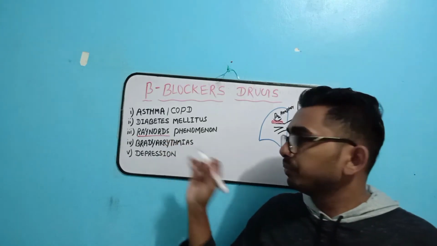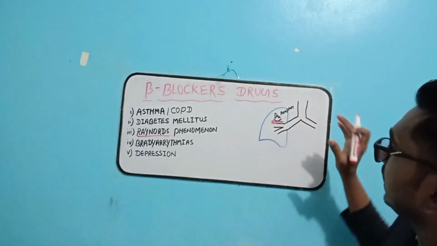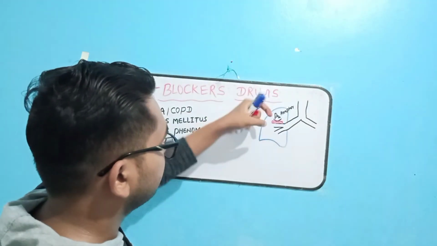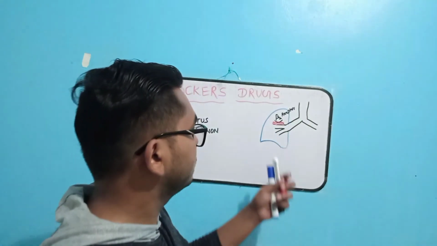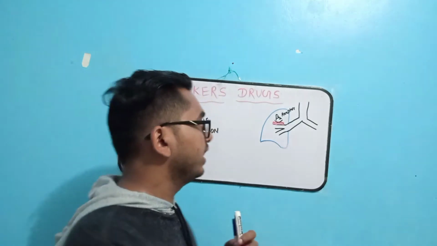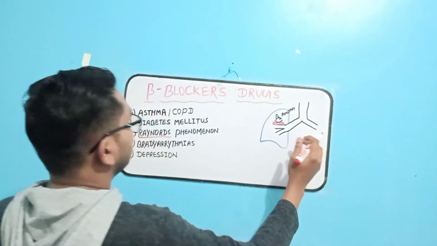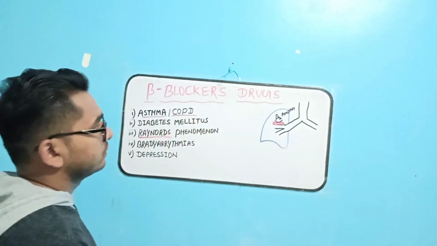When we give these beta blocker drugs, they prevent bronchodilation, and that leads to narrowing of the bronchioles. There is no more beta 2 mediated bronchodilation, and that leads to strong vasoconstriction, and later this vasoconstriction can be fatal in asthma and COPD patients.